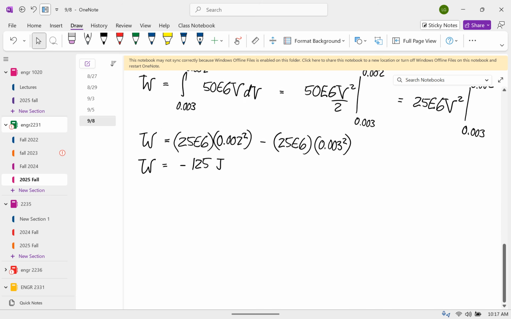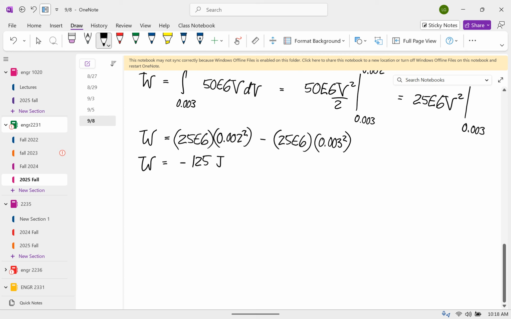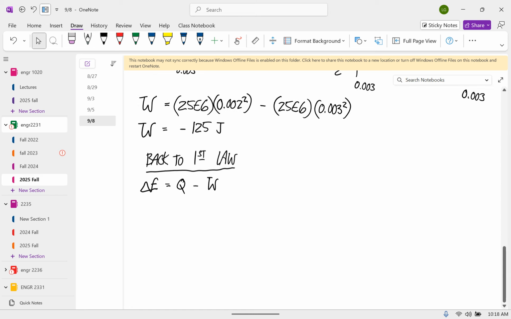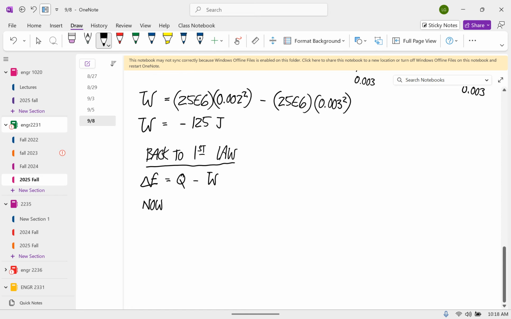All right, so we've been talking about the first law. And it says that the change in the energy of the system is equal to the heat added to the gas minus the work done by the gas. And now we're going to look at this in a new form, the differential form of the first law.